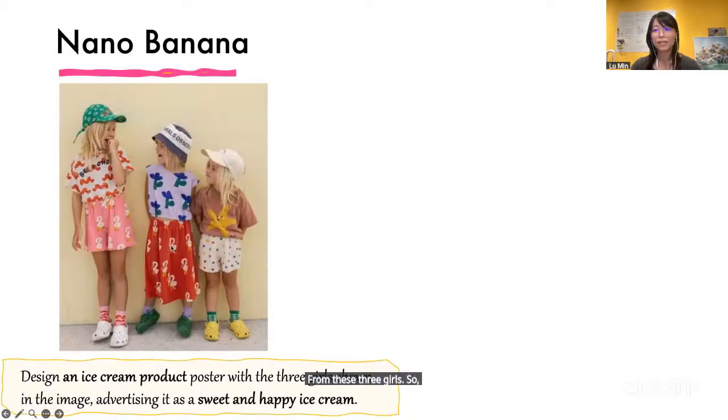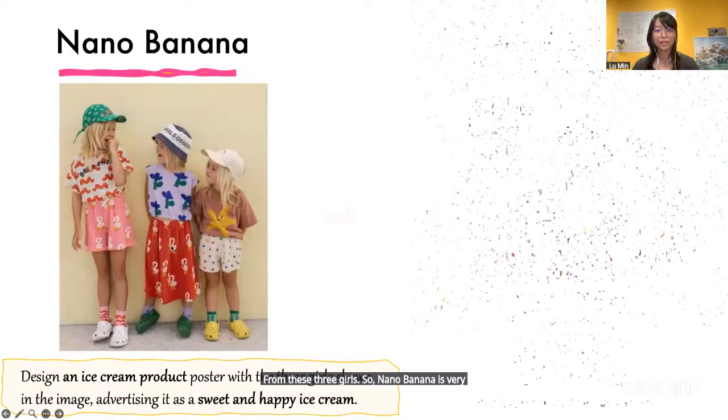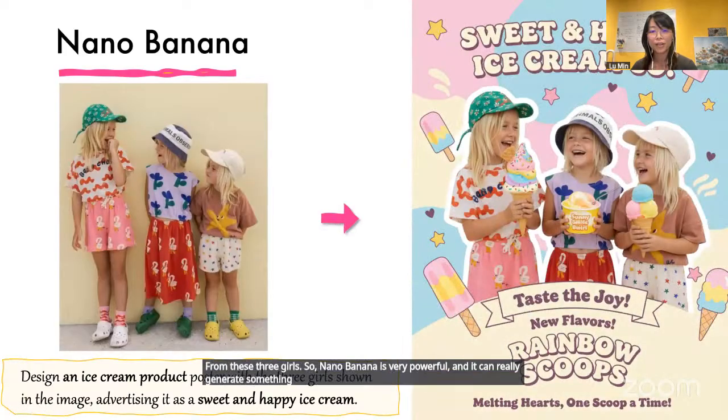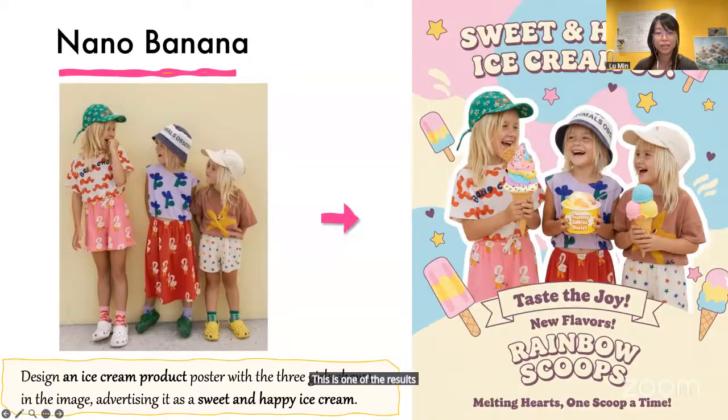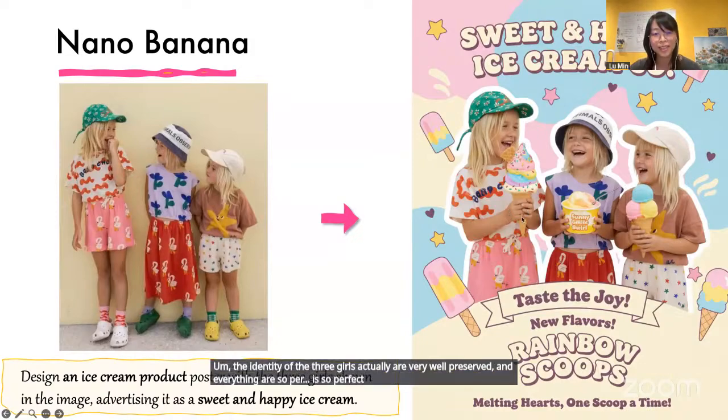It is very powerful and it can really generate something very nice. This is one of the results that it returns to me. We can see that the identity of the three girls is very well preserved, and everything is so perfect. Say they have 5 fingers and they hold ice cream.